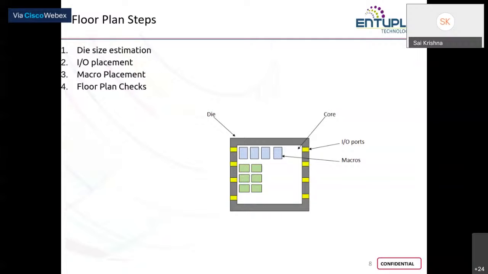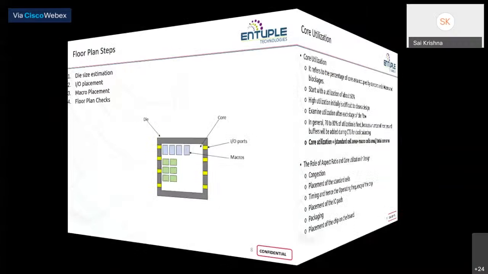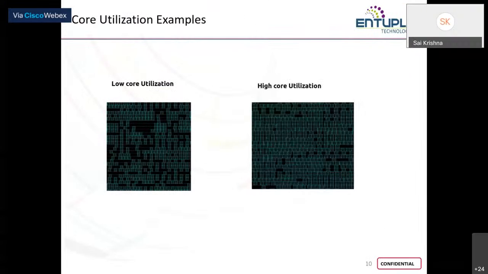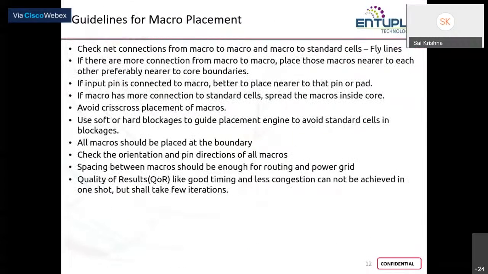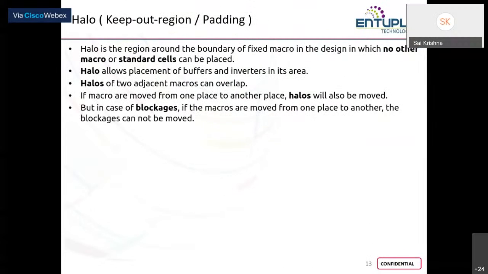So if majority of them or all of them are connected to your IO pins, then you have to flip your macro in such a way that they are as close as possible to your IO pins. Whereas if majority of them are connected to standard cells, then you have to flip them inside. So these are the basic guidelines that you have to follow. There are still a lot more to add to it, which we'll be showing in the tool demo.